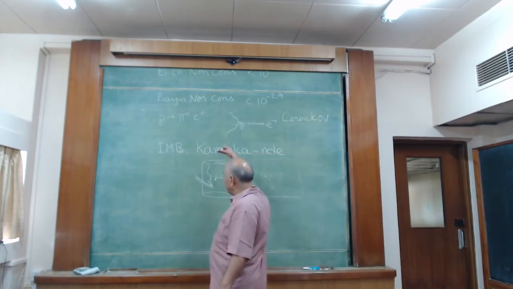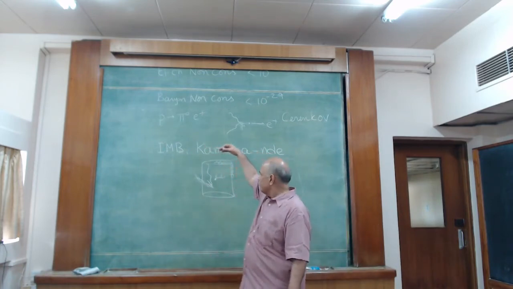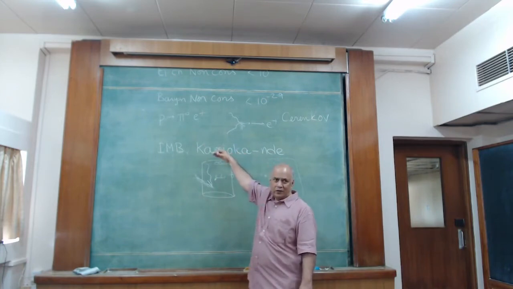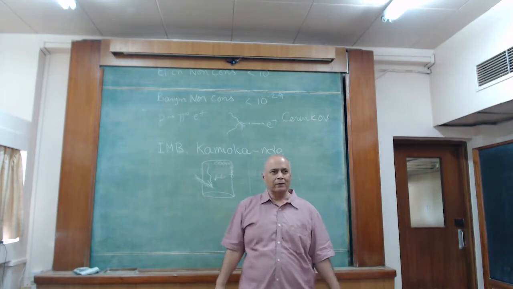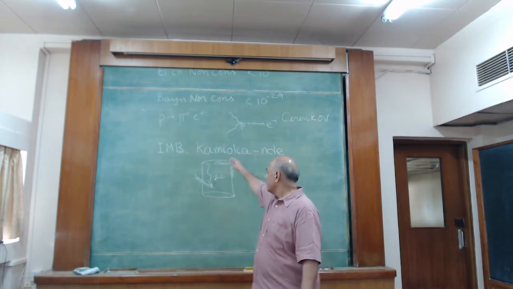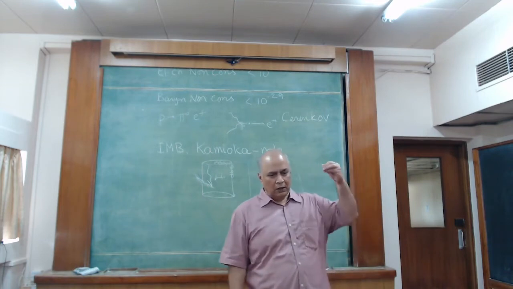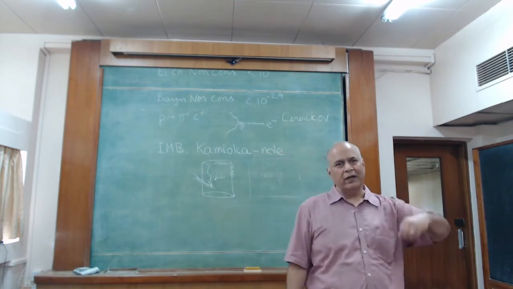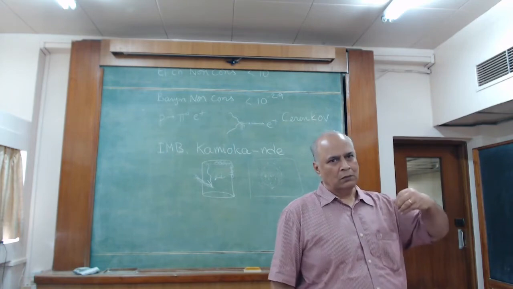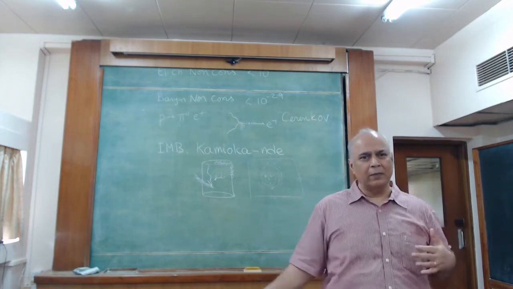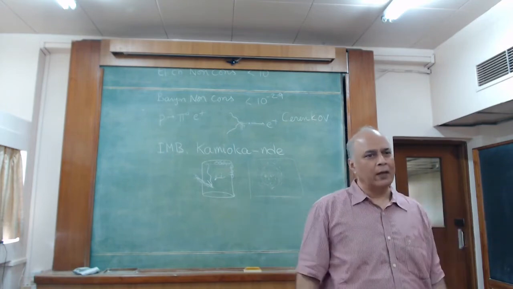But a little later, Professor Koshiba from University of Tokyo started the effort to build Kamiokande, the Kamioka detector, and he felt he needed to build a detector which is better than IMB, which can do something more than IMB.